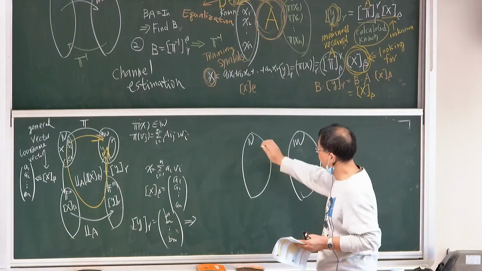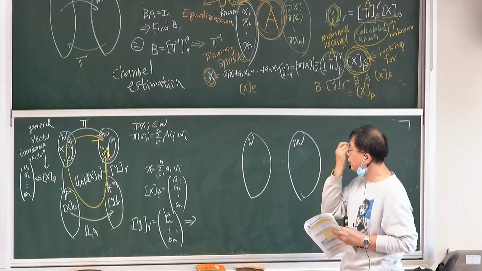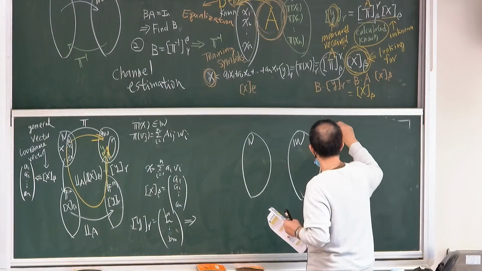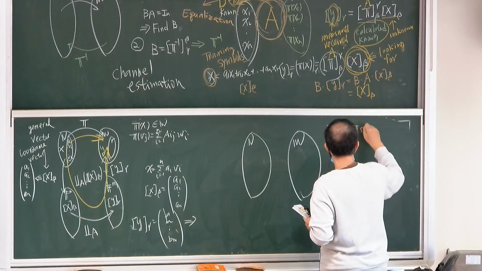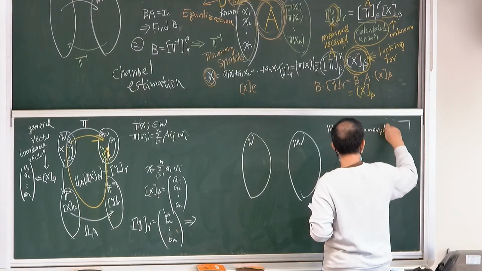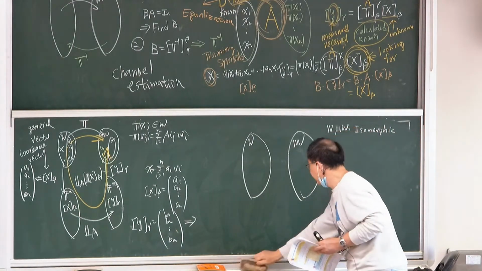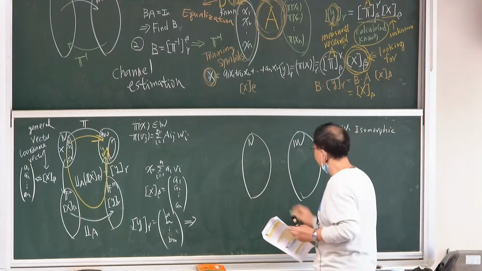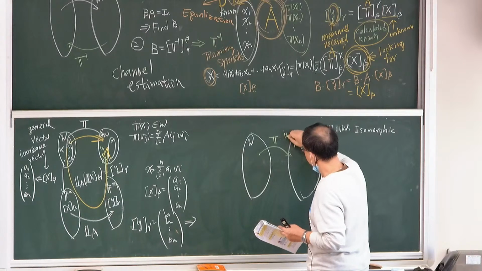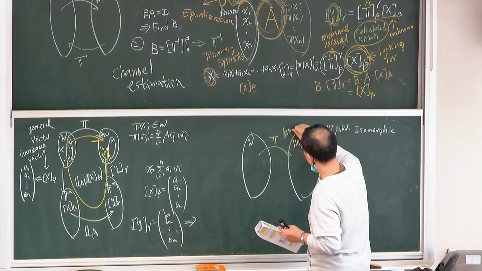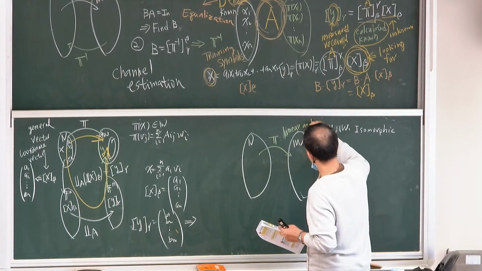So we have vector spaces V and W. If we say V and W are isomorphic, which means that there exists some linear transformation, this transformation is linear and invertible.